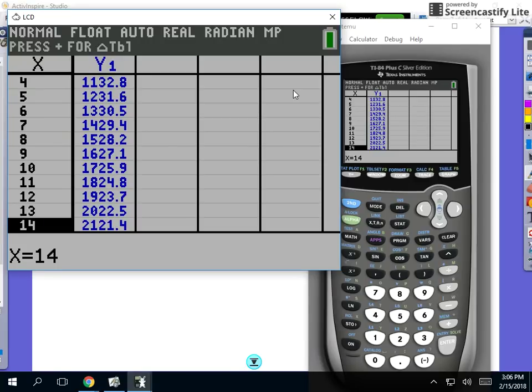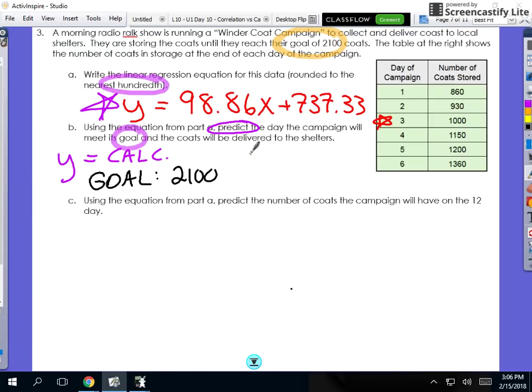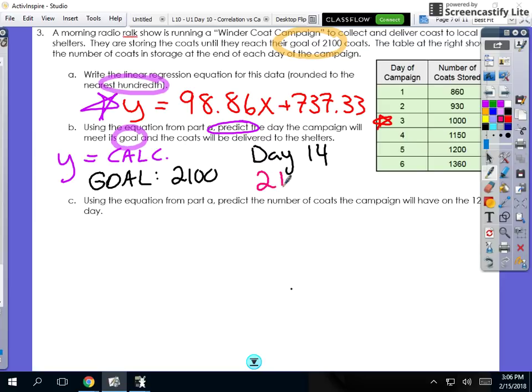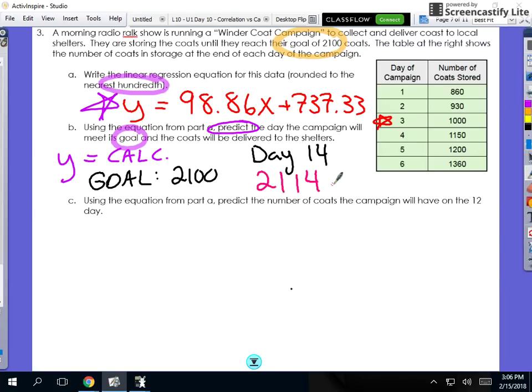A little bit more than our goal, but we reached our goal on day 14. So that would be our answer right there. On day 14, we have reached our goal because we then have 2,114 coats.